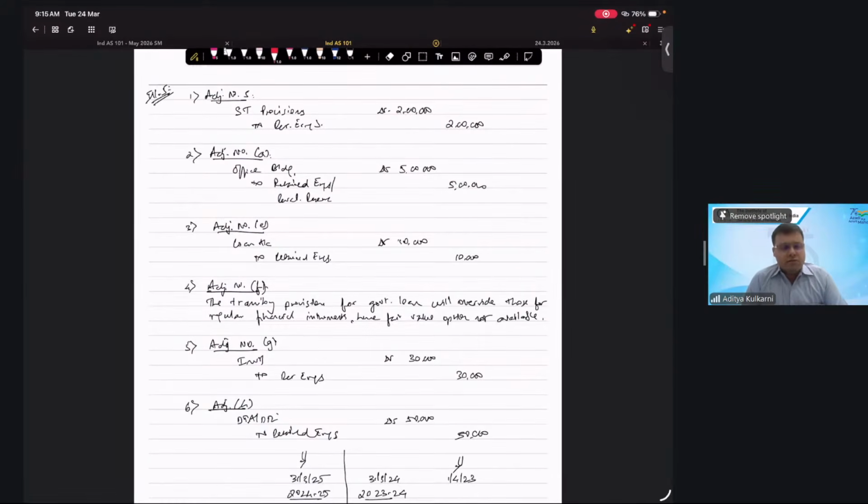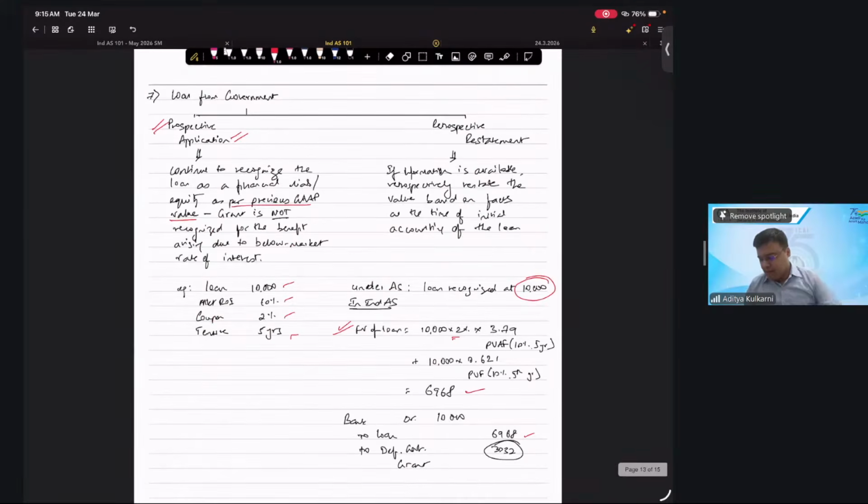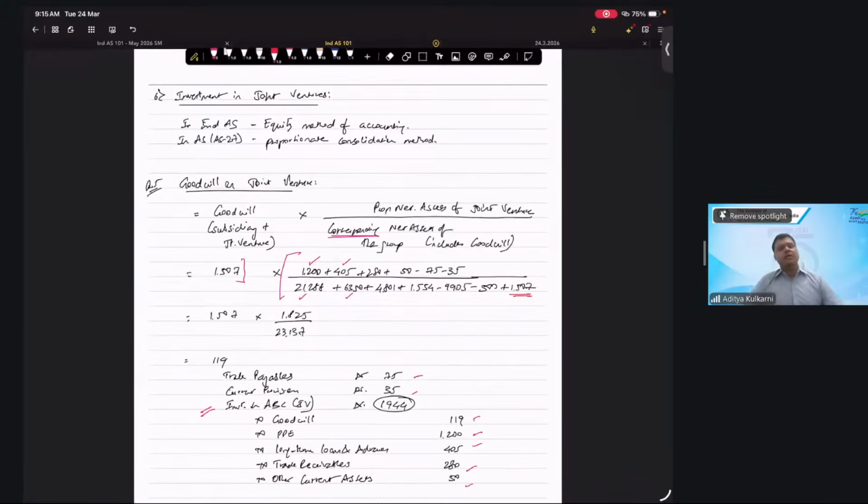Then we went to financial instruments. Then we went to government loans. Then we discussed hindsight bias, accounting estimates, and investment in joint ventures. So these are typically the questions that you would be expecting in your examinations. So just be prepared for this.